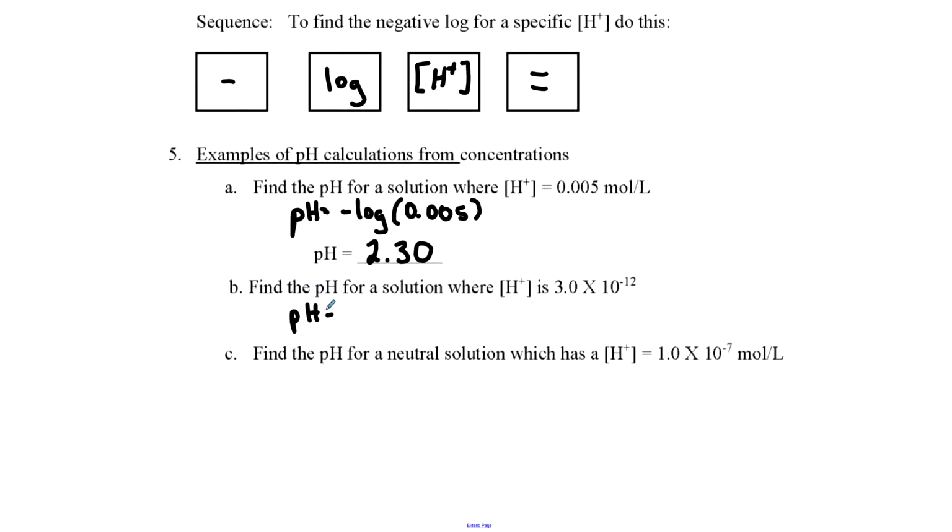So the pH is equal to the negative log, and we'll plug in the hydrogen ion concentration. Okay, and that is equal to 11.52 for a pH. So definitely, this is an acid, this is a base, whoops. They're kind of at opposite ends of the pH scale.